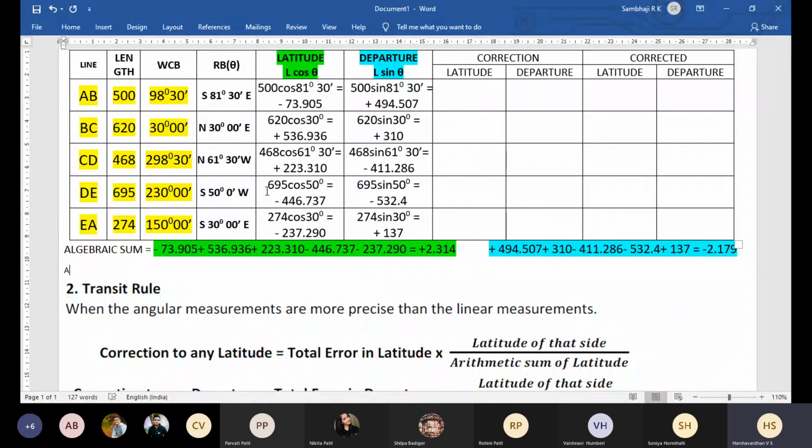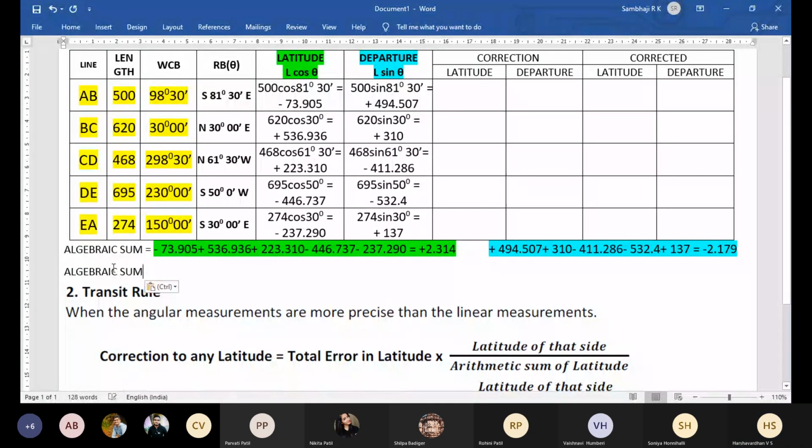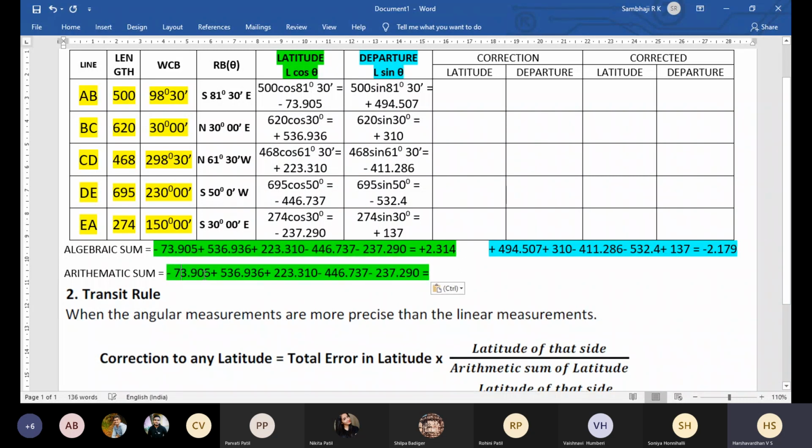So we'll calculate the arithmetic sum, considering only the magnitudes. We are not considering any negative signs, so all the values are taken as positive.